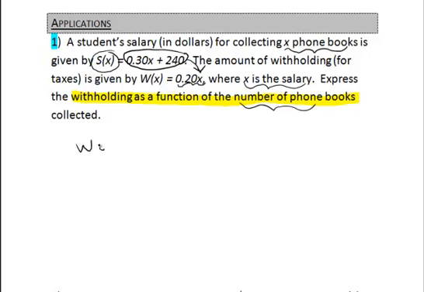So W of S is equal to 0.2x, but instead of x, I put all that stuff: 0.3x plus 240. Now we need to do a few little calculations to clean it up a little bit.